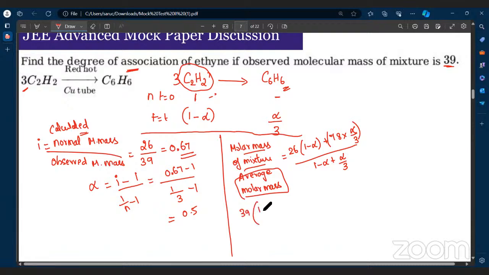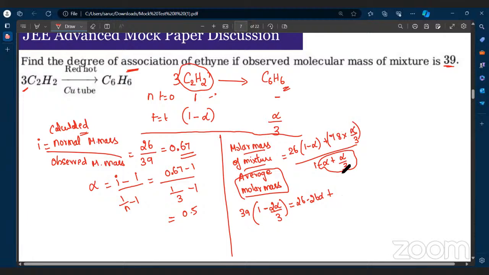So 39 times, just solve this part. 1 minus alpha plus alpha by 3 will be equal to 2 alpha by 3. So 39 times (1 minus 2 alpha by 3) is equal to 26 minus 26 alpha plus 78 alpha by 3.